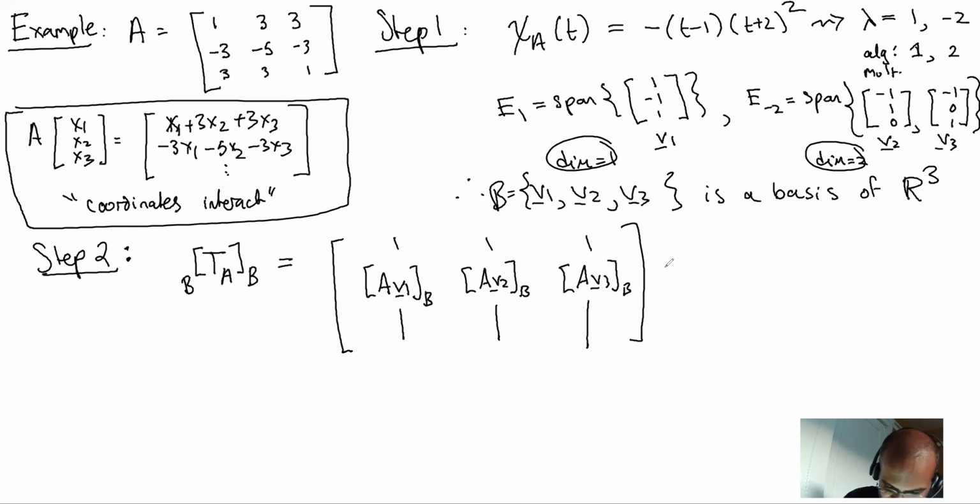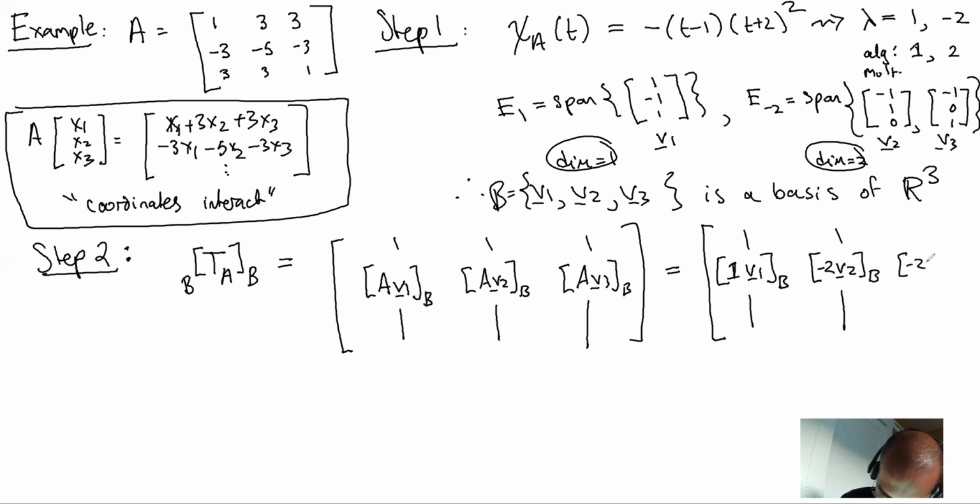And now the punchline is that these are eigenvectors. So this is very straightforward, right? What's A times V1? It's just V1, because the eigenvalue is 1. Exactly, it's just 1 times V1. What's A times V2? Negative 2 times V2.